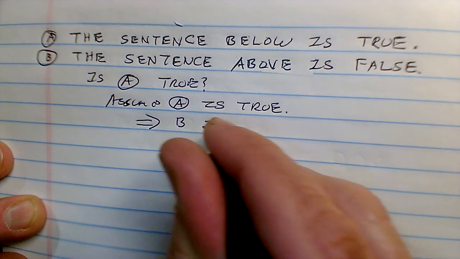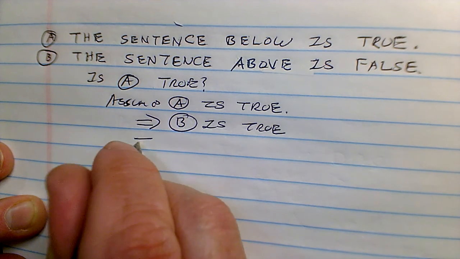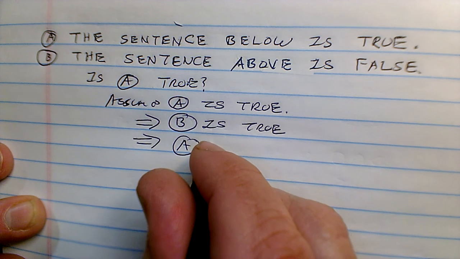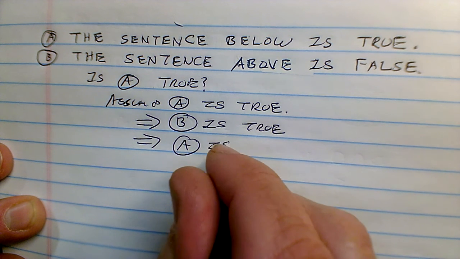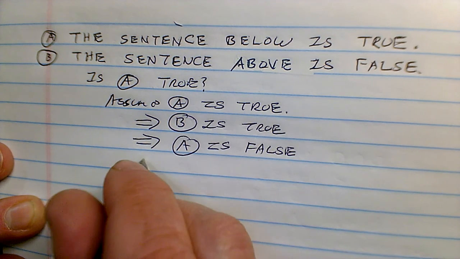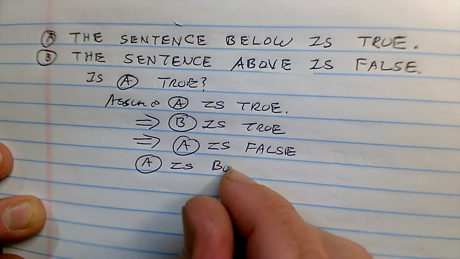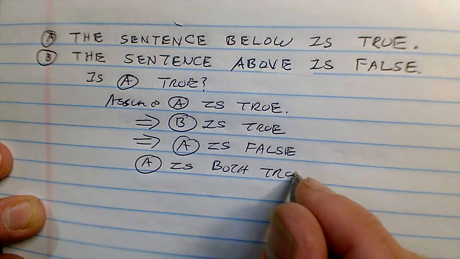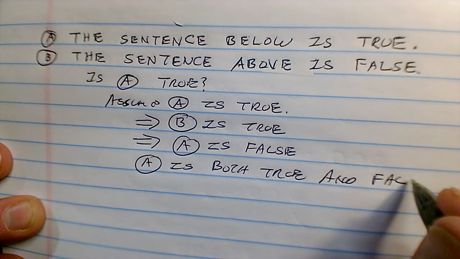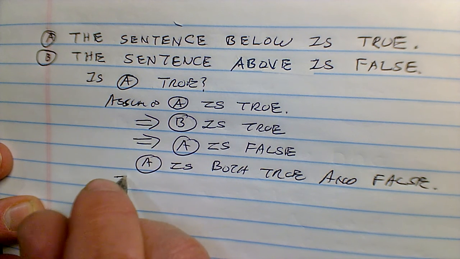B is true. But if B is true, that implies A is false. Well, now we have A is both true and false. This is a contradiction.